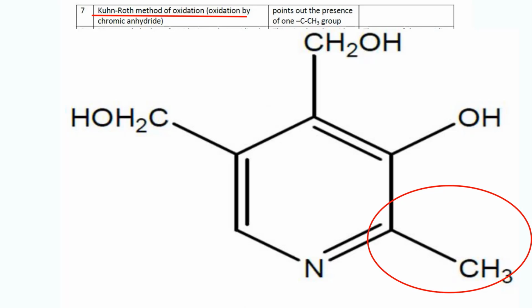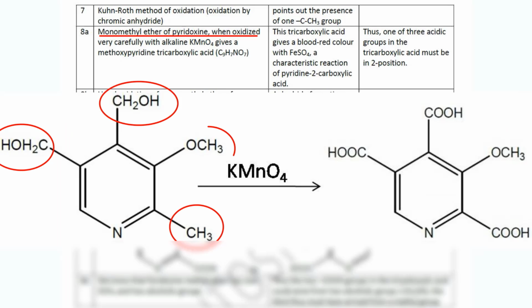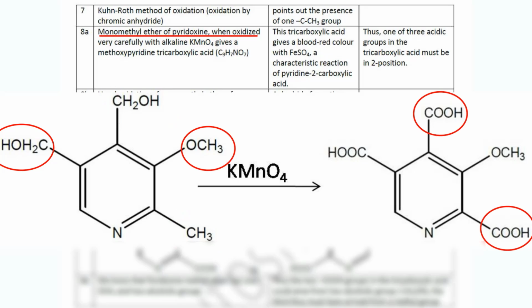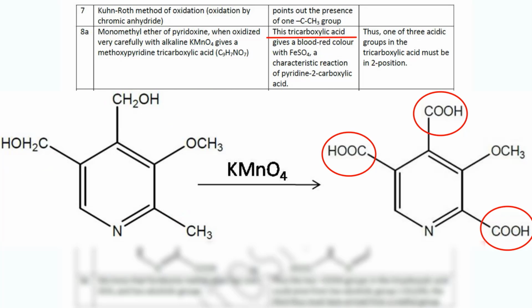Kuhn-Roth method of oxidation, that is oxidation by chromic anhydride, points out the presence of a C-CH3 group. The monomethyl ether of pyridoxine, when oxidized very carefully with alkaline KMnO4, gives a methoxypyridine tricarboxylic acid.